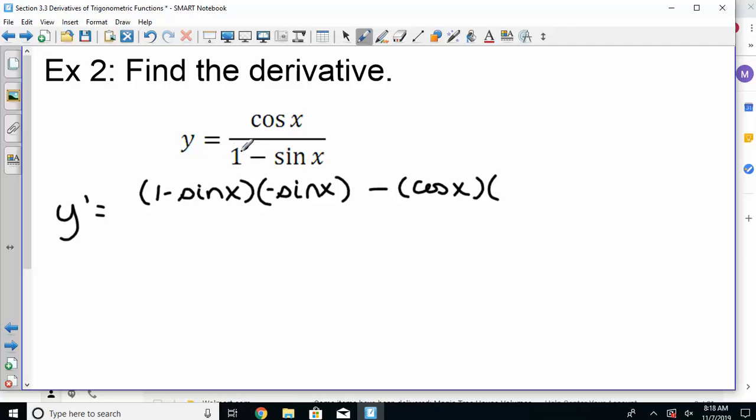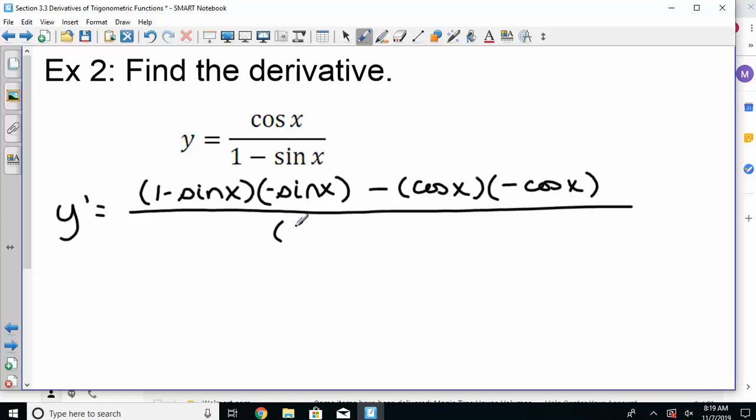So the derivative of 1 is 0, minus, what's the derivative of sine? Cosine. So we get a negative cosine x because of that minus sign. Is everybody with me right there? Over low, so that's the 1 minus sine x squared.